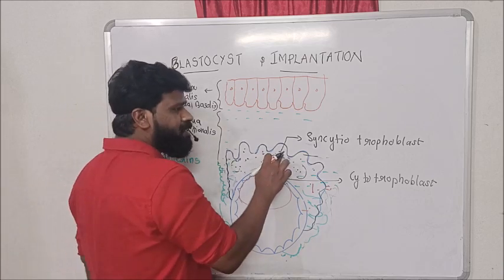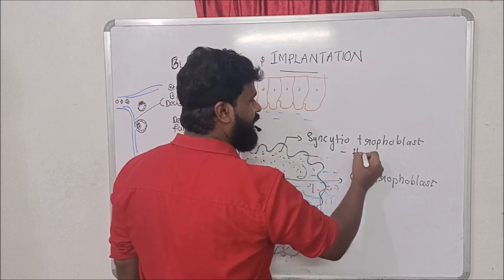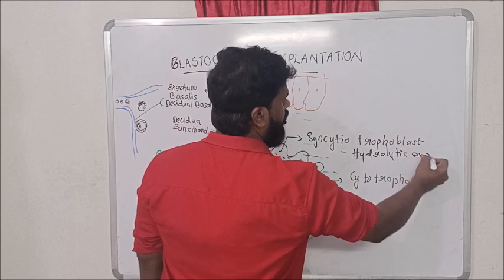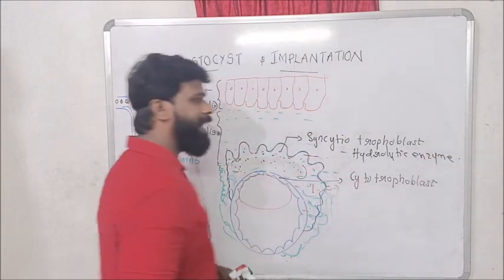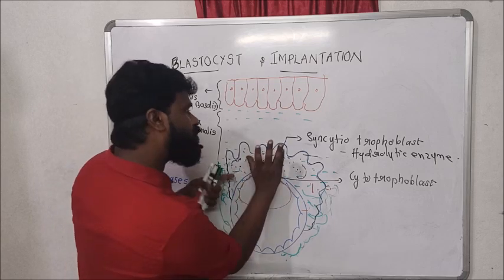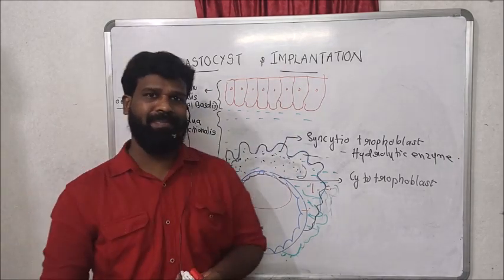Here the cells of the syncytial trophoblast again secrete hydrolytic enzymes. This hydrolytic enzyme helps to penetrate or dissolve the endometrium.